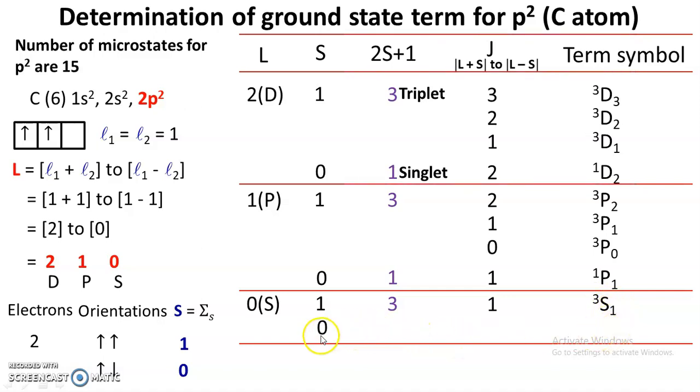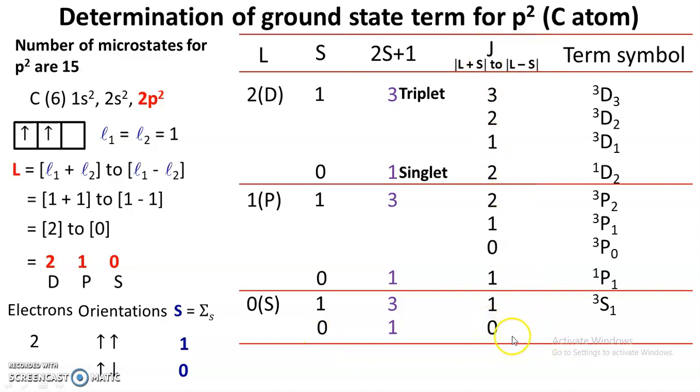Now when S is equal to 0 couples with L is equal to 0, what will be the term symbol? Before that, when S is equal to 0, the multiplicity will be 1, I explained earlier. Then possible J values are L plus S, that is 0 plus 0, that is 0, and 0 minus 0, that is 0.